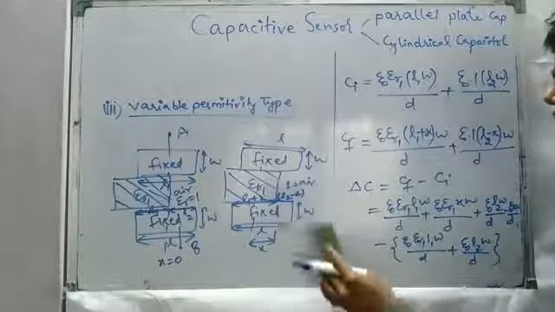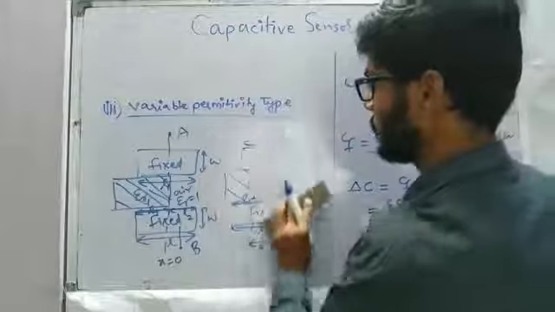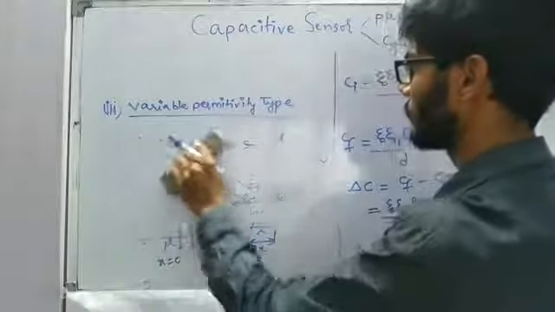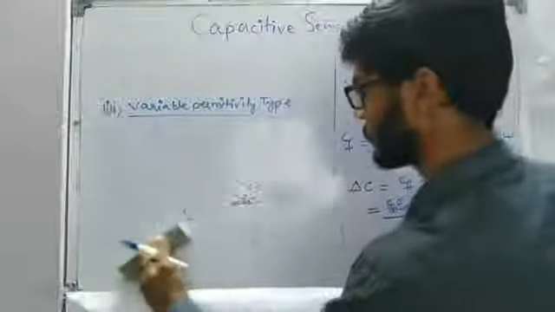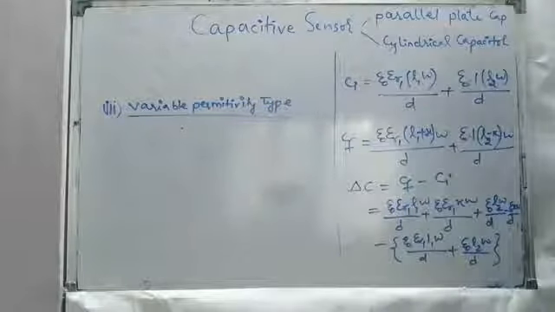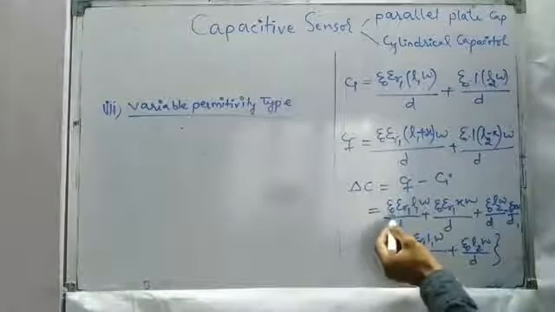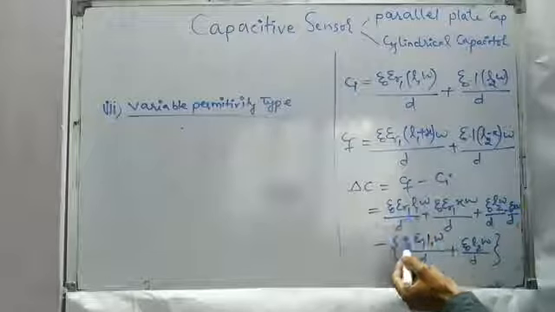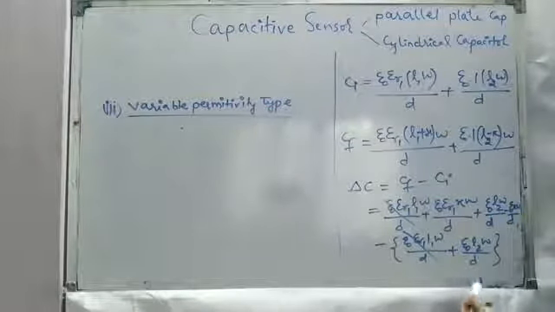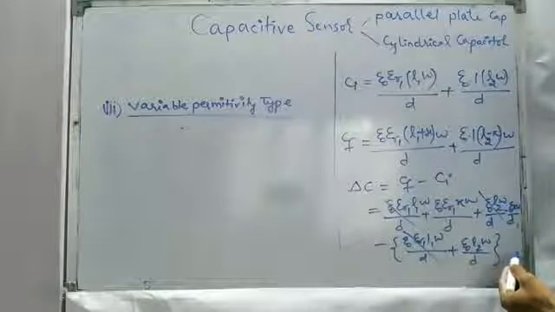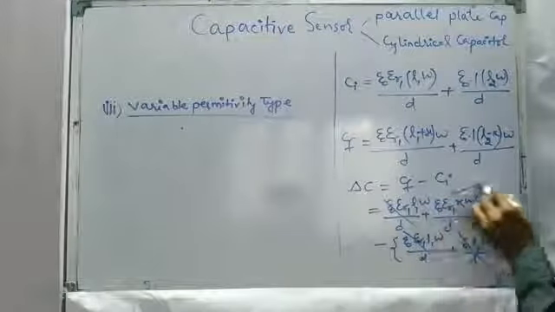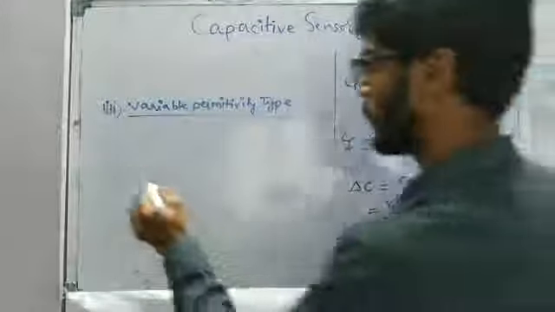So let's simplify it. The epsilon naught epsilon r1 L1 w by d minus this is going to get cancelled, and epsilon naught w by d and epsilon naught w by d are going to get cancelled, plus minus, and these two components are going to be left behind.